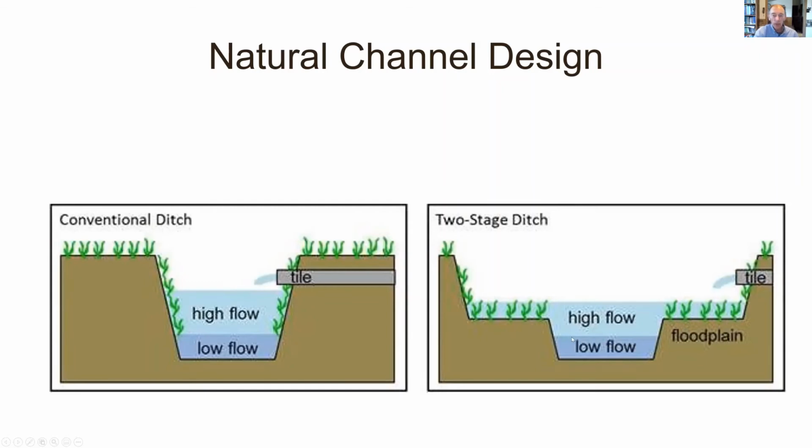We have the low flow channel inside. Often these benches are set at the 2-year flood elevation and expand the availability of space for the water. Generally, slopes would be at least a 3-to-1 slope. This one is pictured probably too steep. And then this would all be vegetated and stabilize the banks.